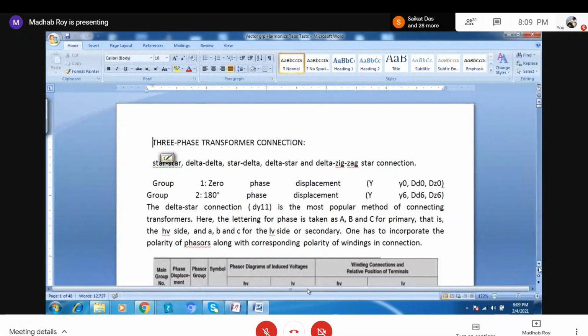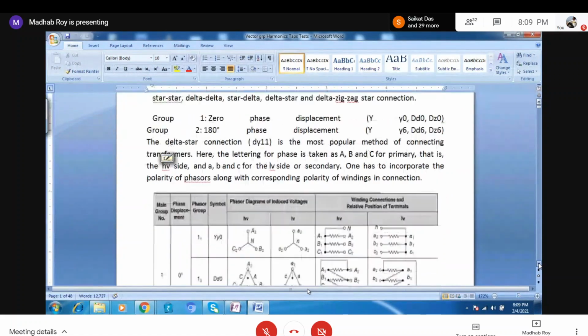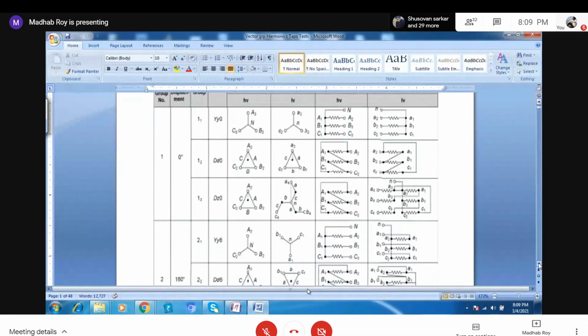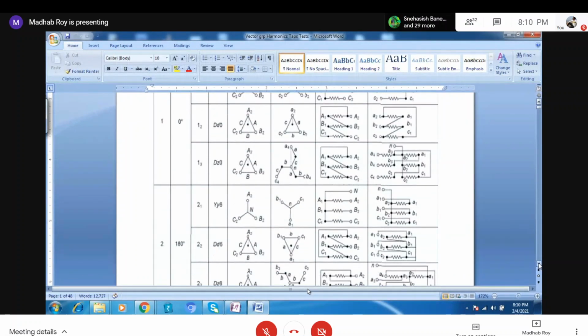So here we can find the various connections of the transformer we have already discussed. So connection YY0, DD0, similarly connection DZ0. Already we have discussed what is zigzag connection. So similarly we can do DZ0 also. What will be the DZ0?